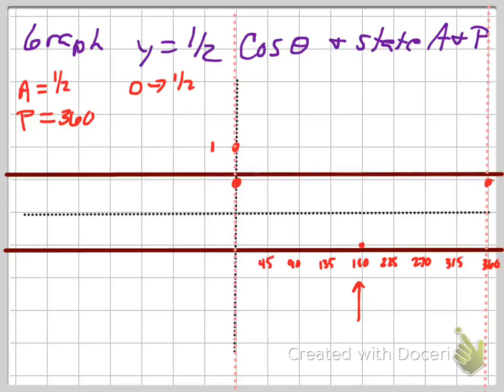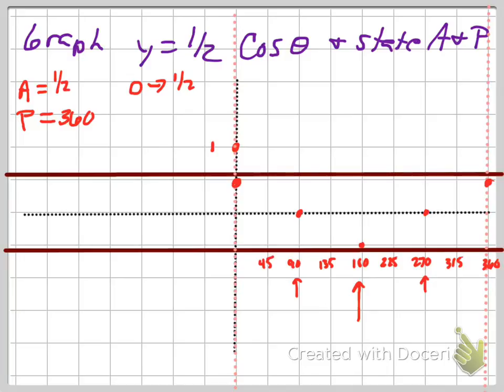Remember, everything has to happen between the two pink dots. He's got to hit the top, hit the bottom, and go back up to the top. What about 90 degrees? Where do you think he's going to be at 90 degrees? Probably in the middle there. 90 and 270. I think we've got enough to draw it.